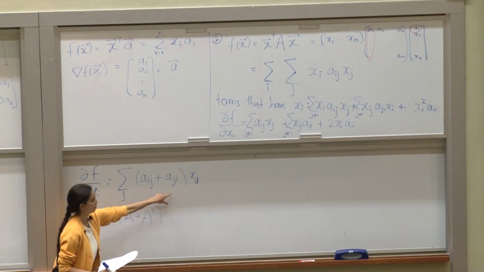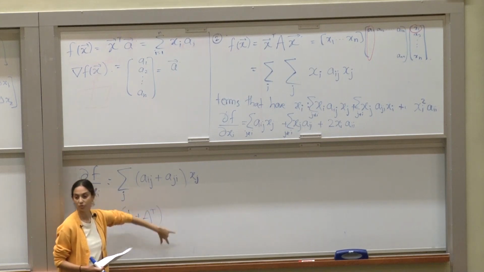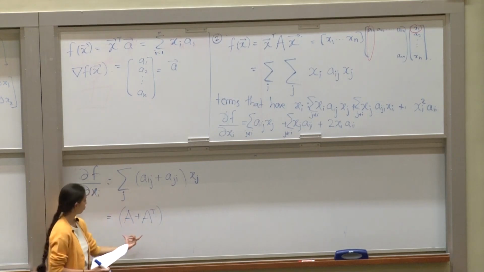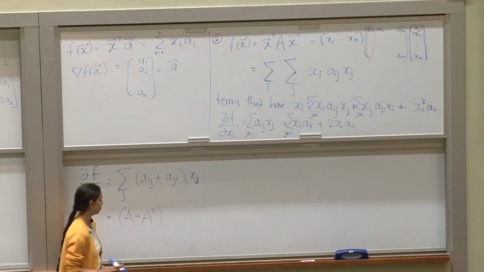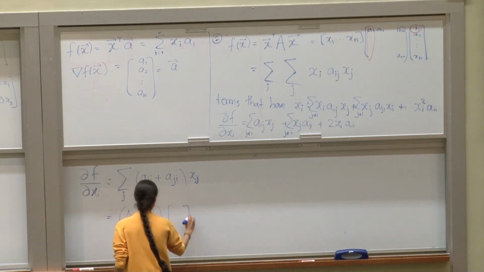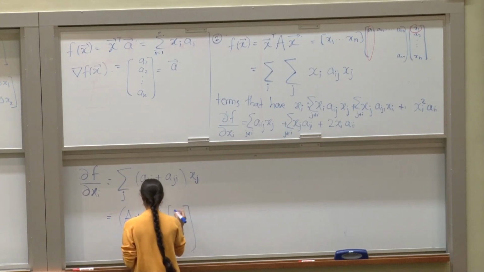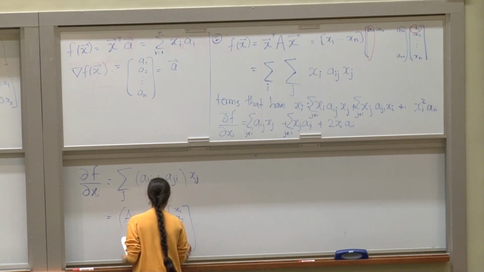So can I write this as a matrix vector product? What's the vector I want to multiply this by if I want to have these pop out? I can write this as basically just x1, x2, all the way up to xn.